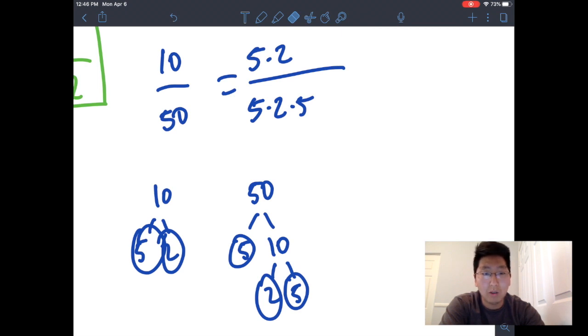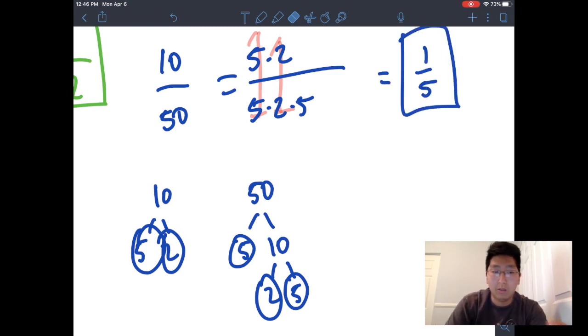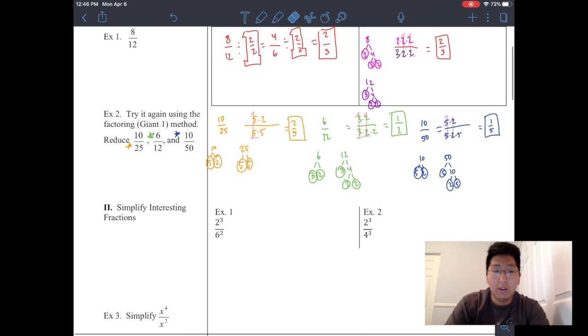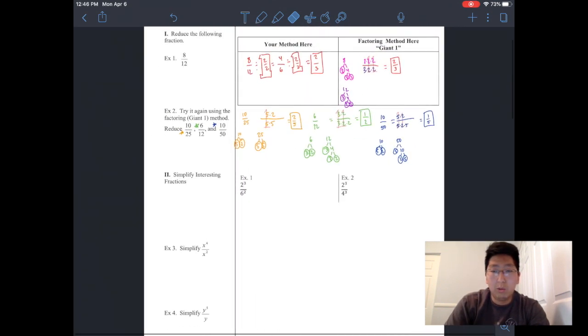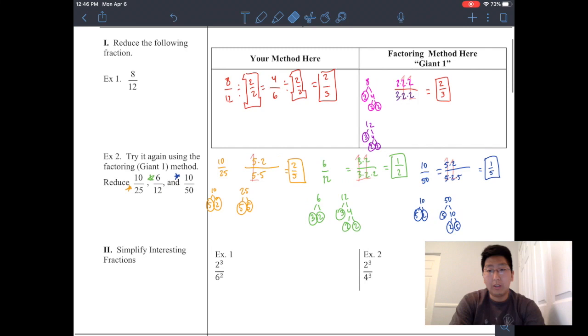And here we're going to create our ones. 5 over 5 creates a 1, and 2 over 2 creates a 1. And what we're left with is 1/5. Okay? So this is the concept of reducing using the giant one method or factoring method here.